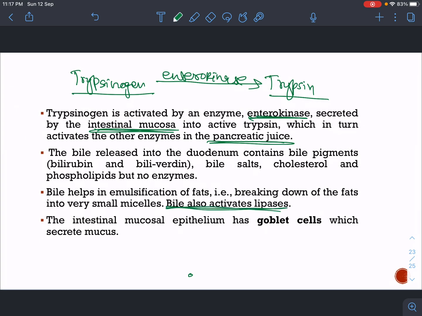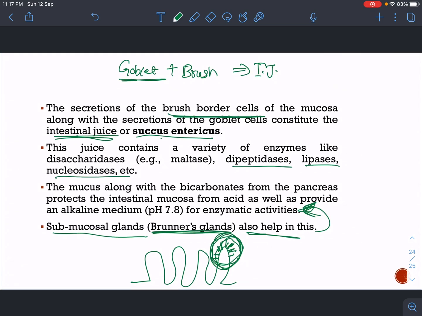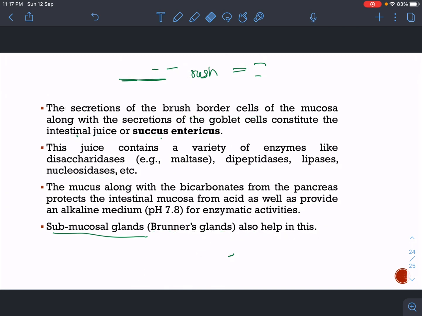Intestinal mucosal epithelium has goblet cell which secrete mucus. The secretion of the brush border cell of the mucosa along with the secretion of goblet cell constitute the intestinal juice or succus entericus.